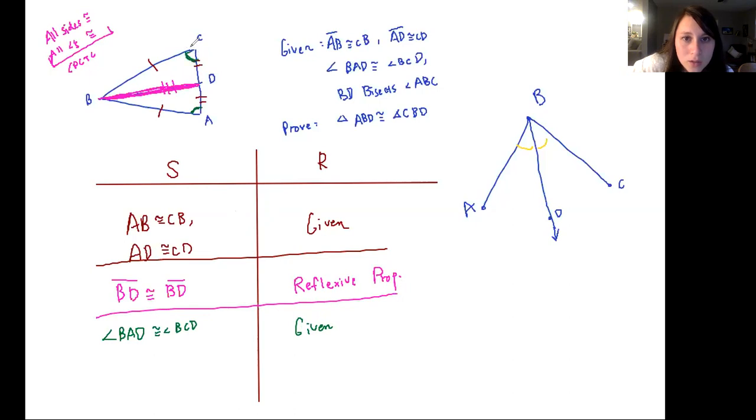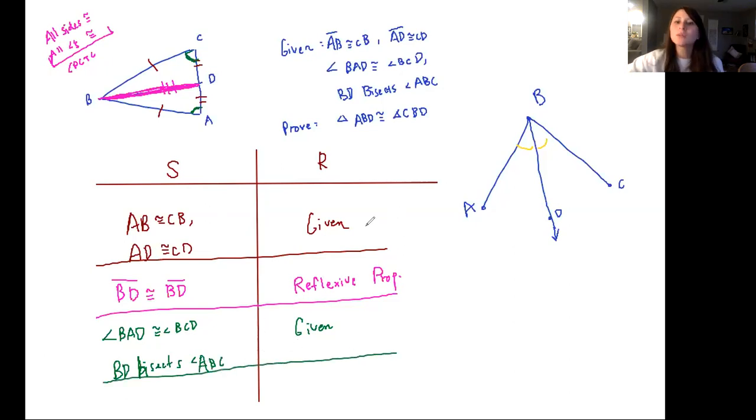These two angles are congruent, okay? Now the information given to me is that BD bisects ABC. That's also given.